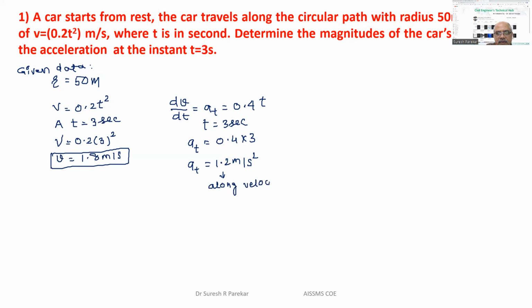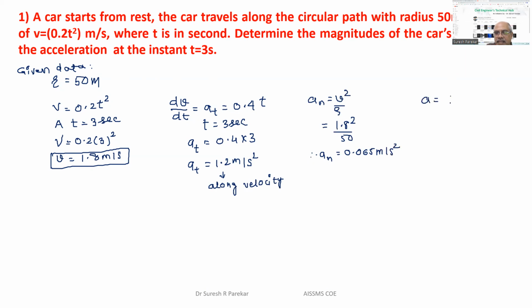And an, which is perpendicular to the velocity, is an equal to v square by rho. Now v is given 1.8 square divided by rho, which is 50. And therefore we have an equal to 0.065 meter per second square.